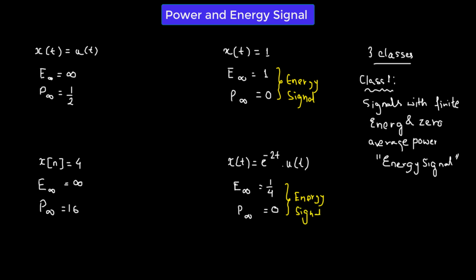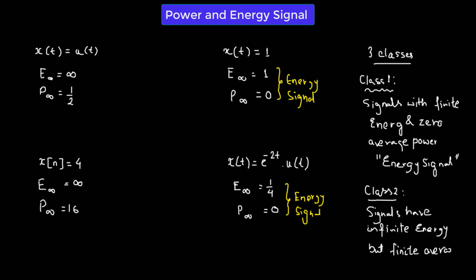Then we have a second class. In class number 2, these types of signals have infinite energy values, but finite average power values.